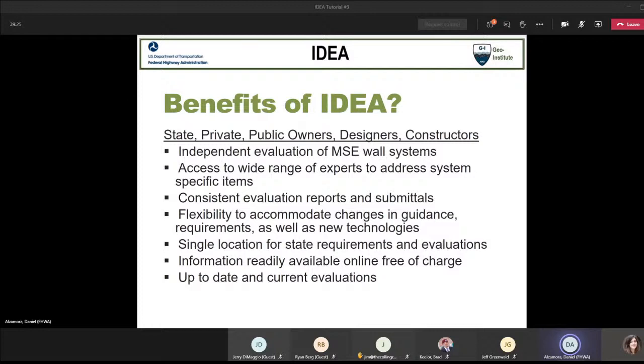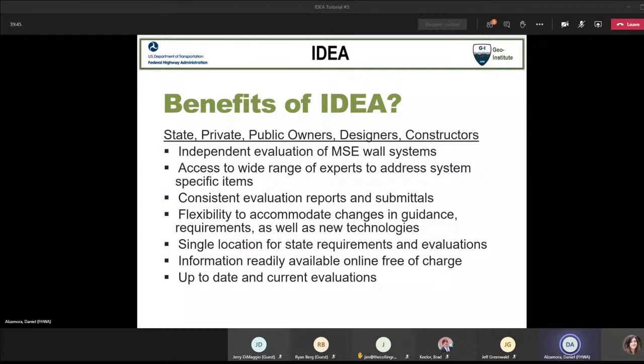We have flexibility to accommodate the changes in guidance and requirements, as well as new technologies. Again, that innovation component could be part of these evaluations, and also part of accommodating changes in our guidance.